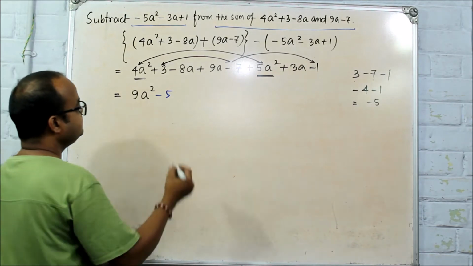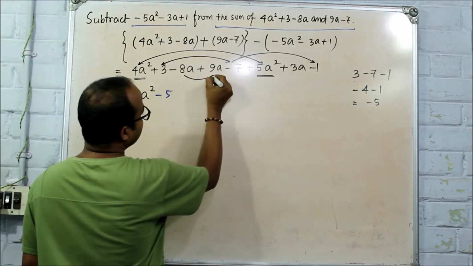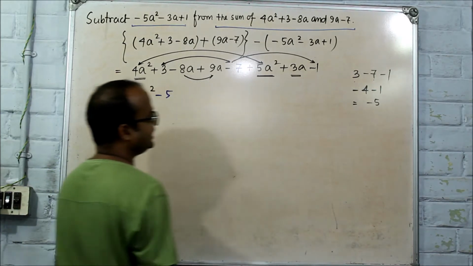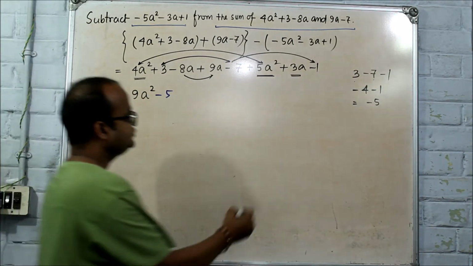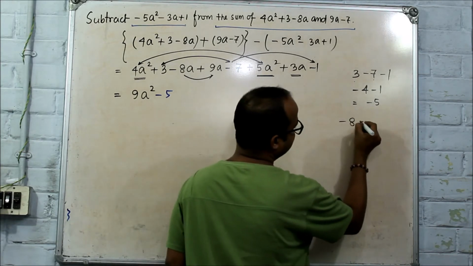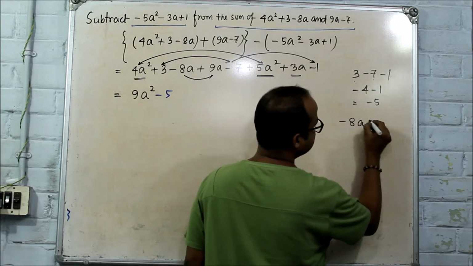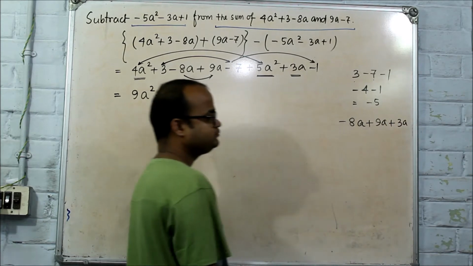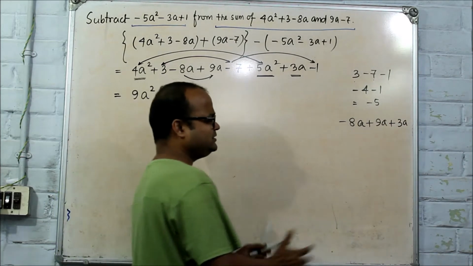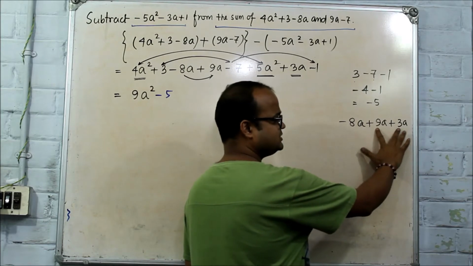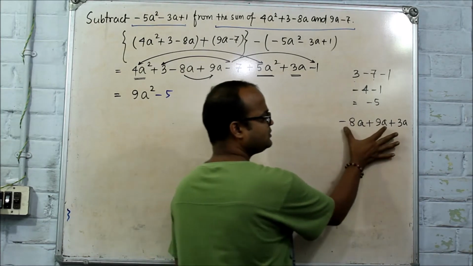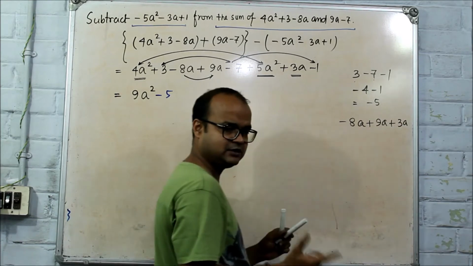Moving to the next term, minus 8a, 9a and this 3a are like terms. If you simplify minus 8a plus 9a plus 3a, there are two ways of doing this. First add these two since these are like terms, then subtract from this, or simplify these two and then add 3.